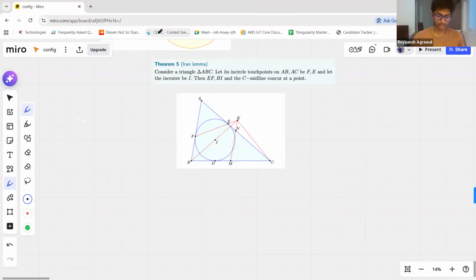What the Iran lemma says is that if I have a triangle ABC and its incircle, with touch points on the sides BC, CA, AB being D, E, and F respectively, the incenter I, and the midpoints of AC and CB being N and M respectively, then EF, BI, and MN concur at a point.